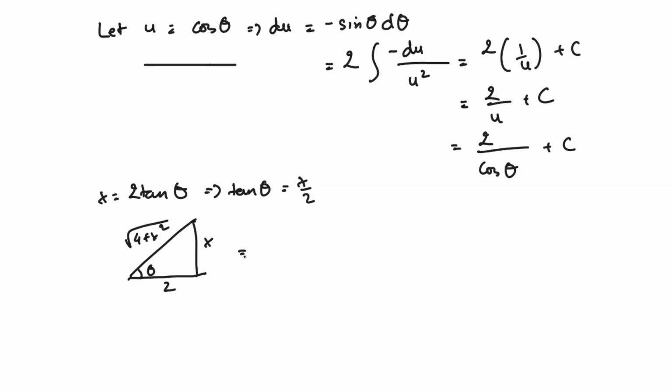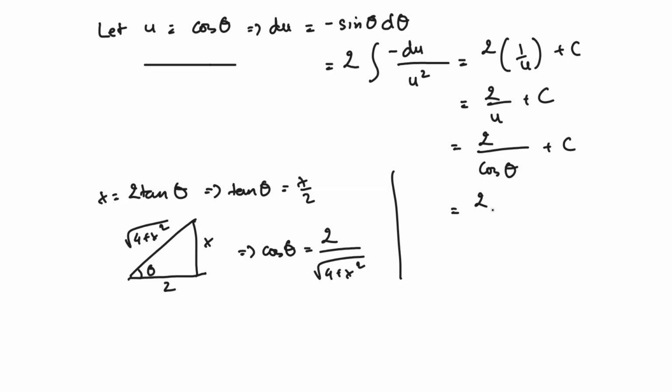What is cosine of theta based on the triangle? Cosine of theta is adjacent over hypotenuse: 2 over the square root of 4 plus x squared. So I know that cosine of theta equals a function in terms of x. I'm going to plug cosine of theta back into the integral.